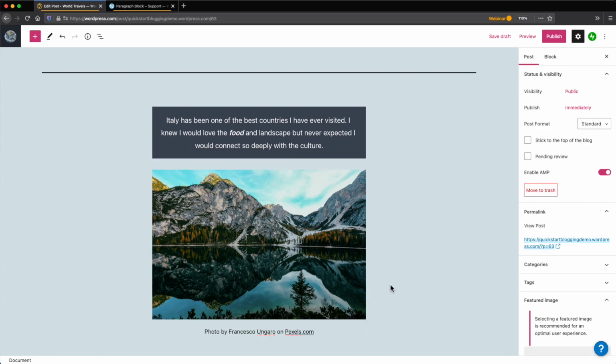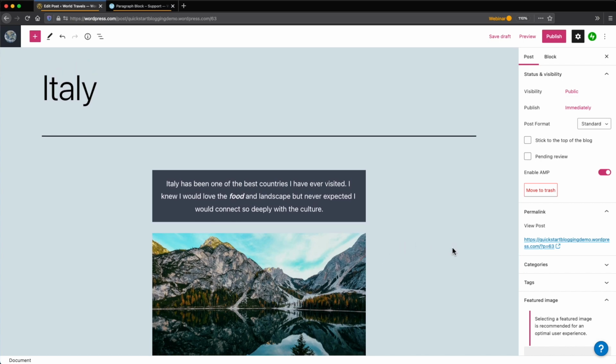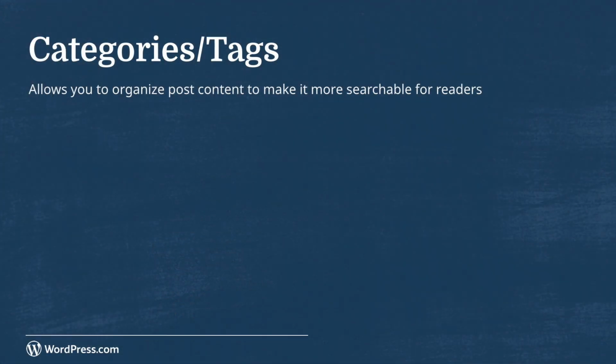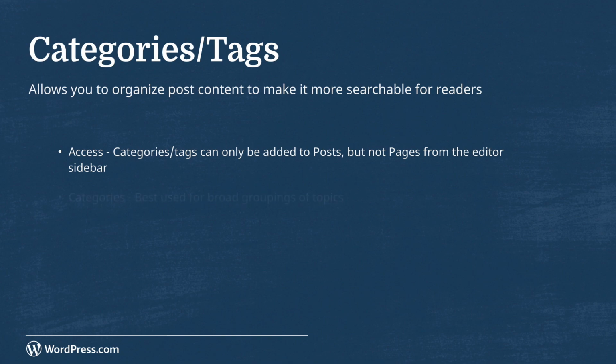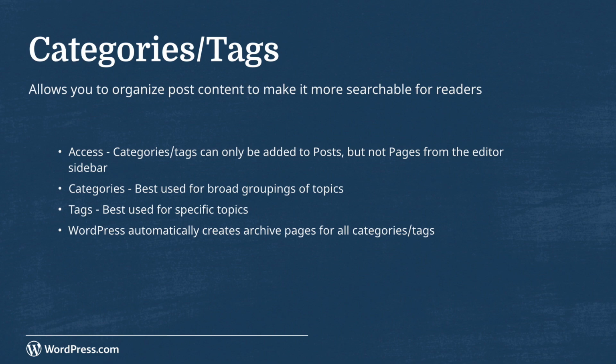So now that we have a little bit of content on our site, let's see what else we need to add in before we publish this site to the web. Categories and tags allow us to organize post content to make it more searchable for readers. Categories are best used for broad groupings of topics.